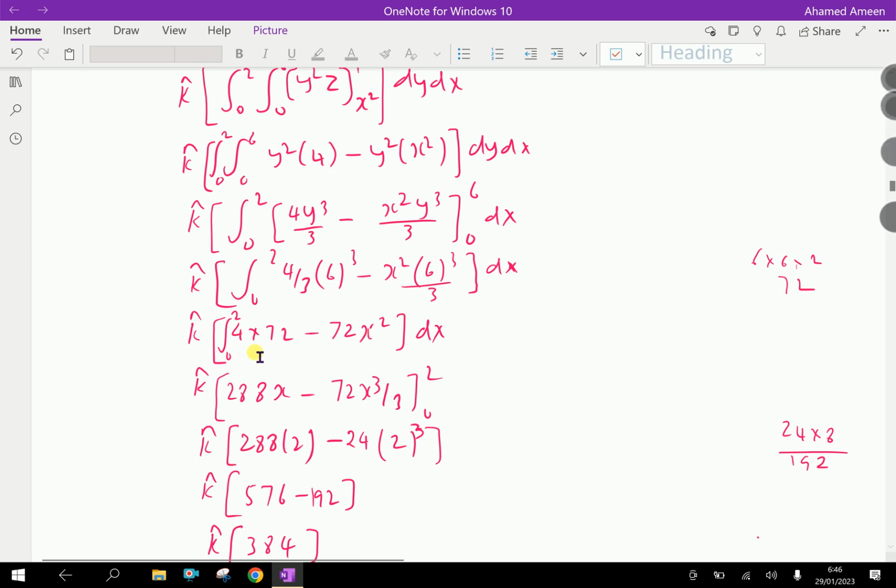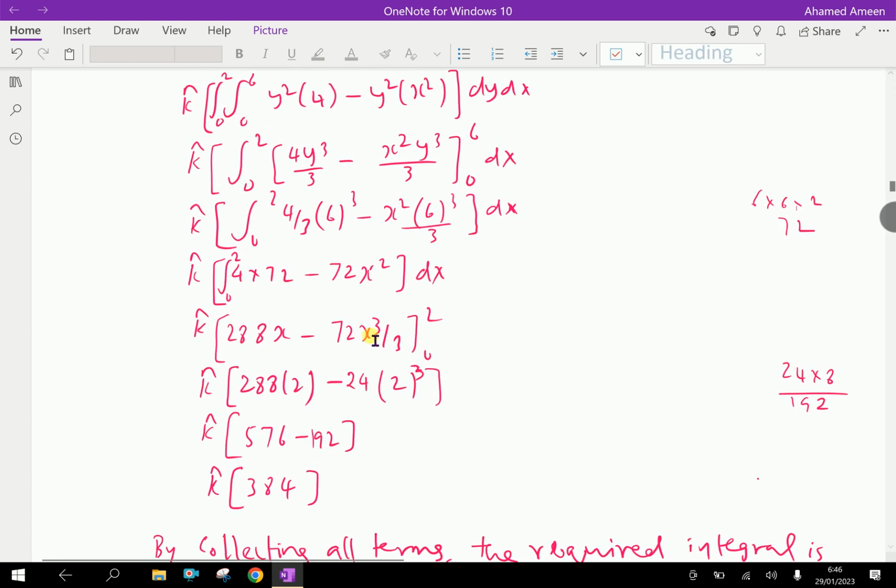After simplifying, it gives 4 into 72 minus 72 x squared. Now this is finally integrated with respect to dx, with limits 2 to 0, which gives 288x minus 72x cubed by 3.